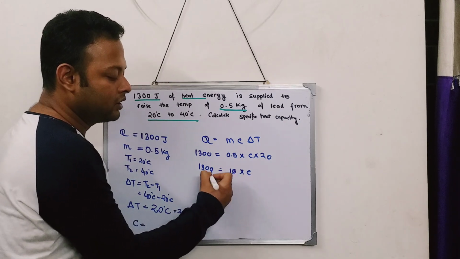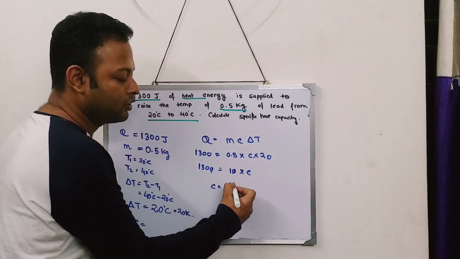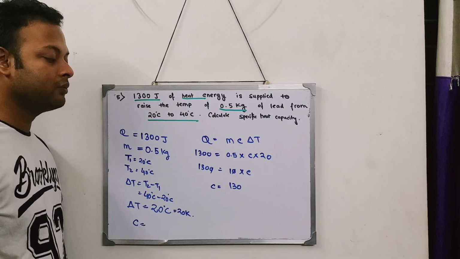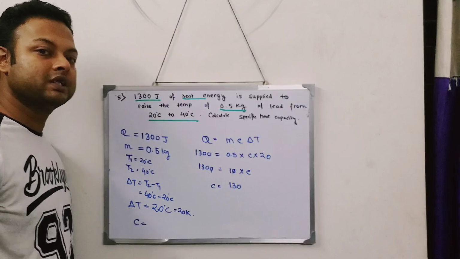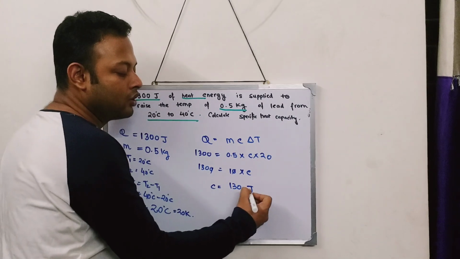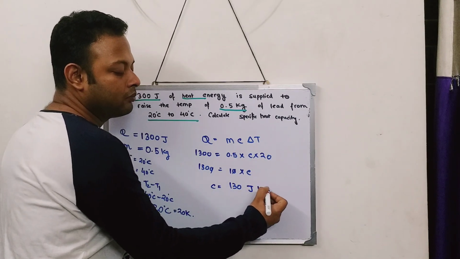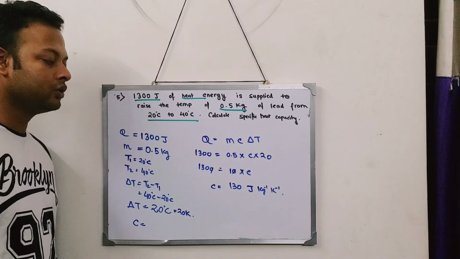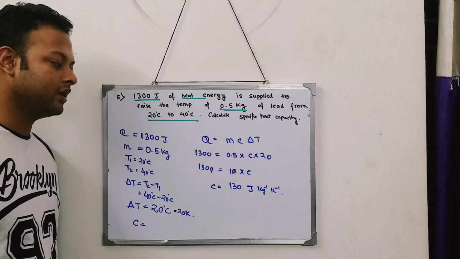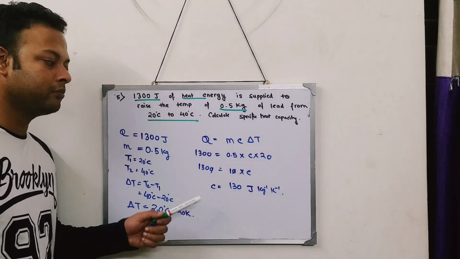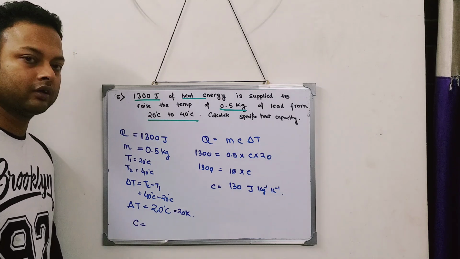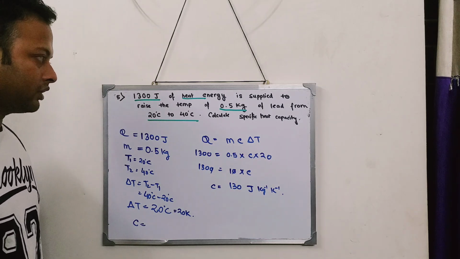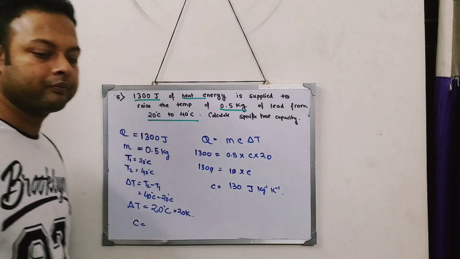So after this 0 and this 0 cancel, C becomes 130. Now what will be the unit? It represents specific heat capacity, so the unit is joule per kg per Kelvin. That is the unit of specific heat capacity. I think you understood this part. Now we will go to the next sum.